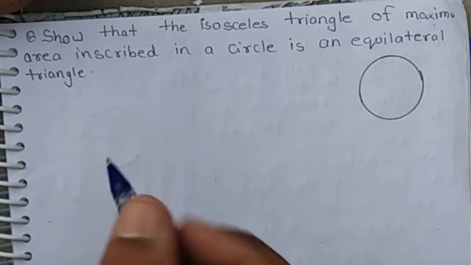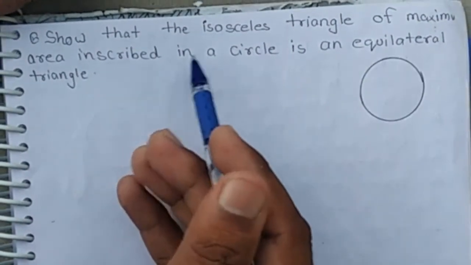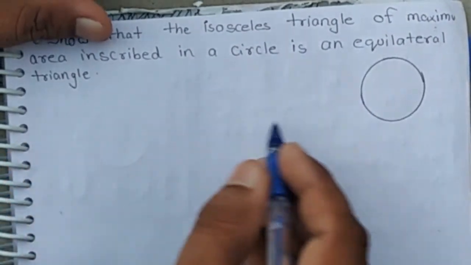Good morning, class. The question is to show that the isosceles triangle of maximum area inscribed in a circle is an equilateral triangle.